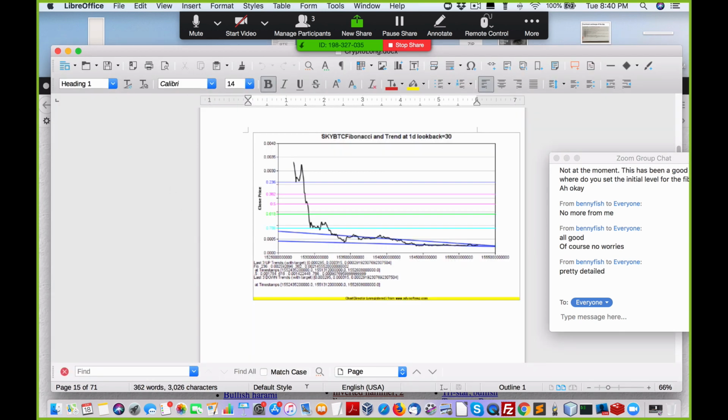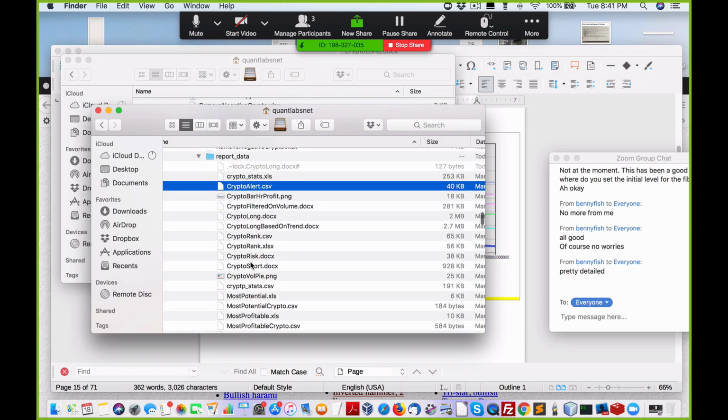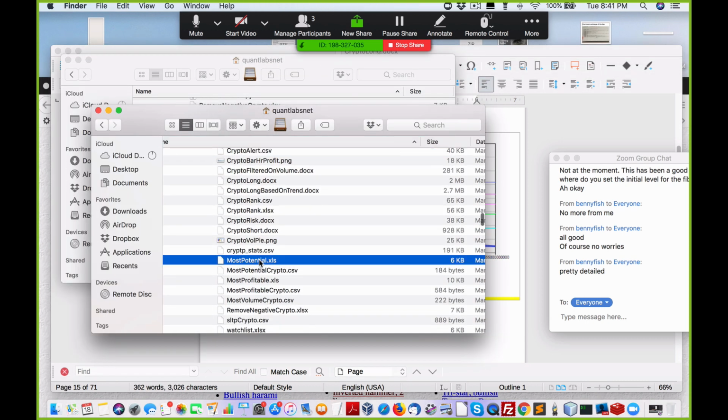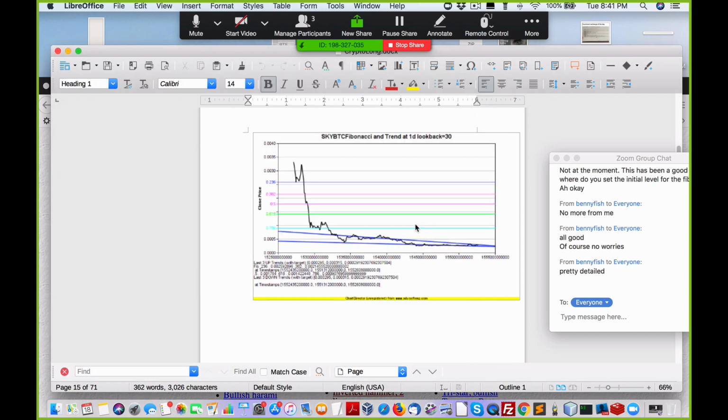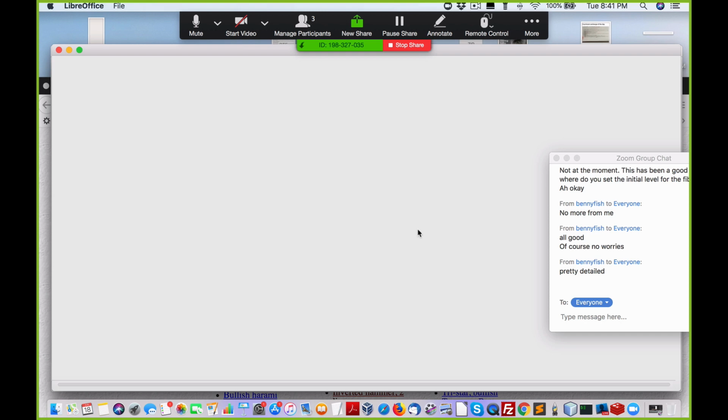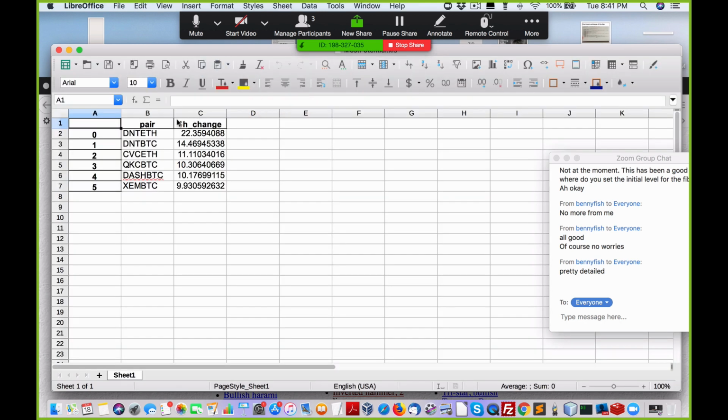What else is there? There's so much. I lose track of it all. Oh, there's two other ones. I have what I call the most profitable and most potential. These are updated every hour. Again, this is found on Binance, but on Kraken it's going to be less.